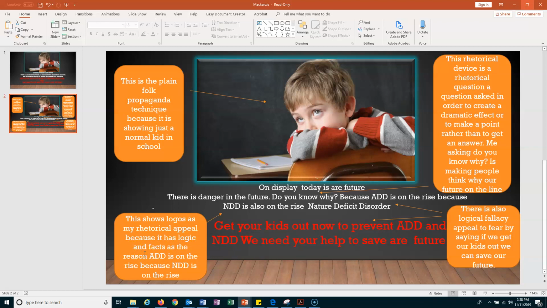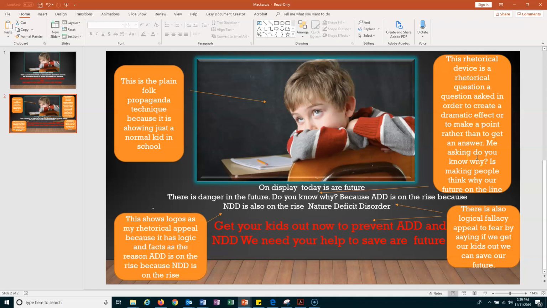It's saying ADD is on the rise, and that's on the rise because of NDD. So, which if you've never heard of NDD, now you have. But it's giving kind of statistics and facts, so that makes it logical, right? So that's logos.